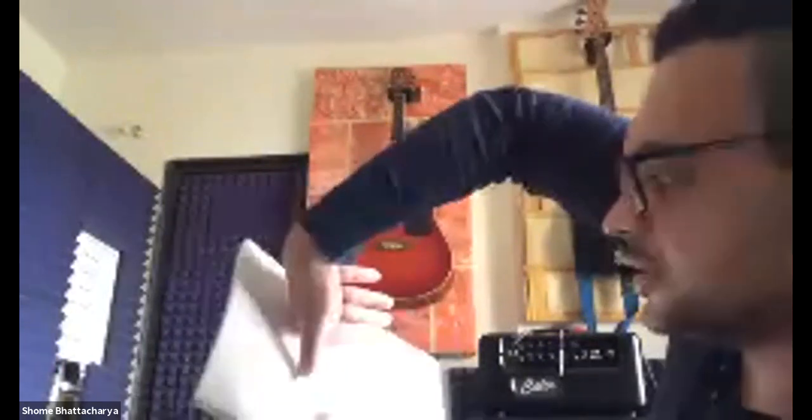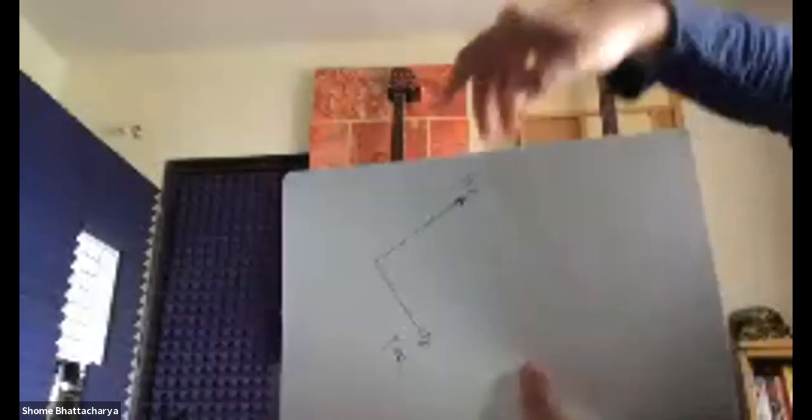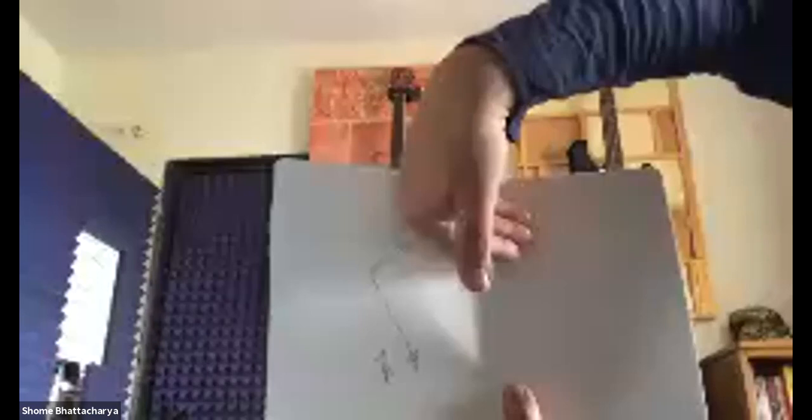So for E cross B, I'll have to put my palm like this. You can see it is facing towards me. So that's why it's coming out of the plane.